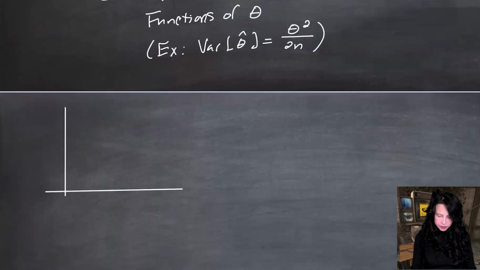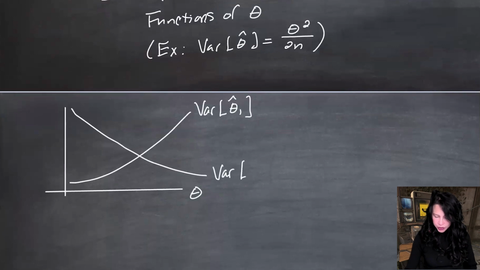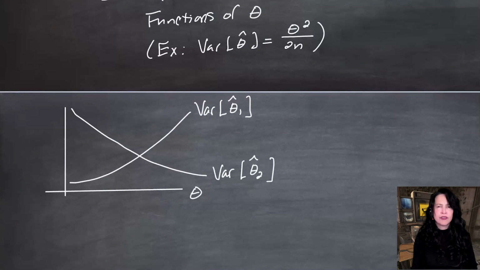So suppose you were comparing two unbiased estimators in terms of their variance. In this picture, I'm going to have a theta axis, and maybe theta is positive. Suppose you sketched a graph of the variance of your first estimator as a function of theta versus the variance of your second unbiased estimator, both as a function of theta.